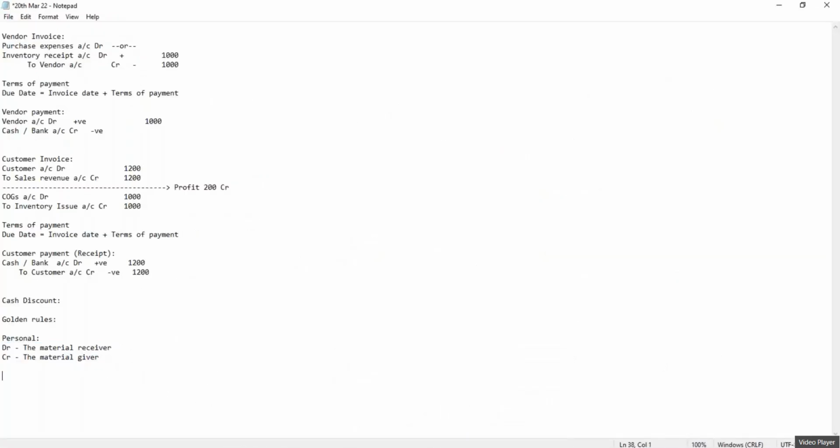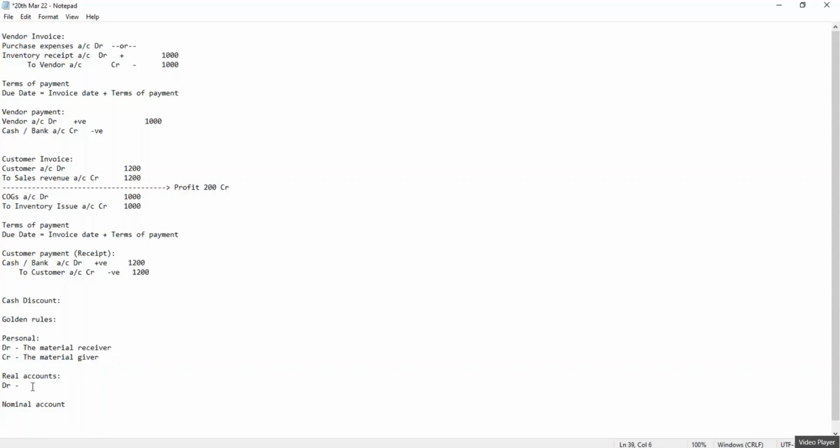One more golden rule: nominal account. And then one more, real accounts. What is this real account? Can anyone recap? Debit the receiver, credit the giver: this is personal account, am I right?